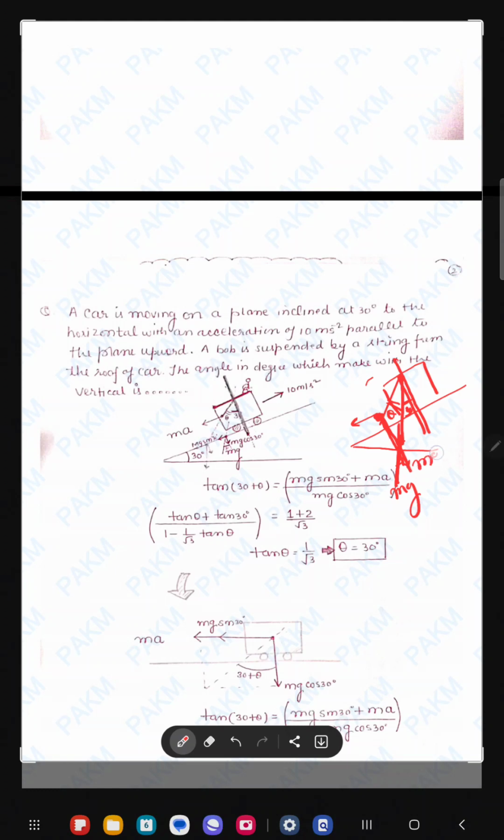So mg cos theta, and this is mg sin theta, and since a is also acting, along the incline, adding all the forces together, ma acts along with mg sin theta, so you can say ma plus mg sin theta. In the perpendicular direction the force is mg cos theta.